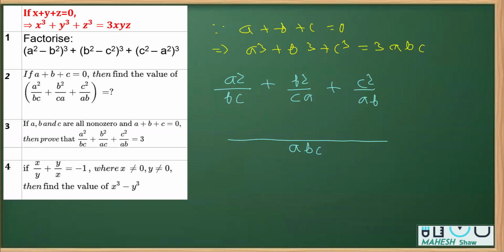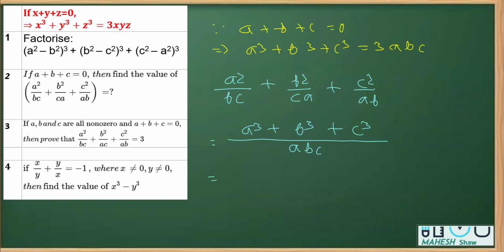We are getting a, and a multiplied by a square is a cube. Same way, dividing abc by ca, we are getting b, and b multiplied by b square is b cube. So is abc divided by ab is c, and c multiplied by c square is c cube.